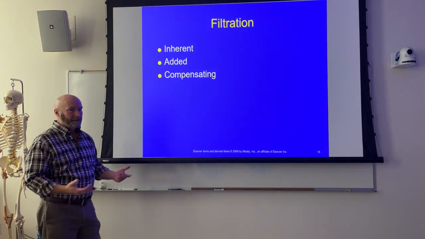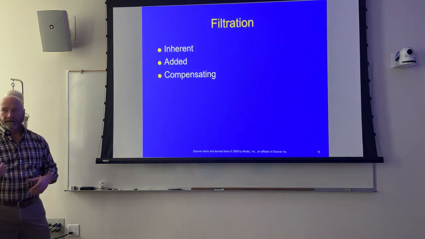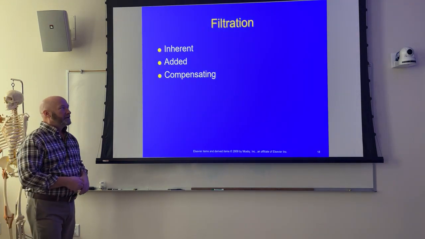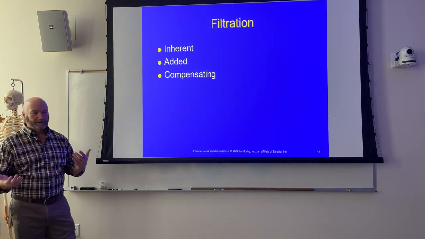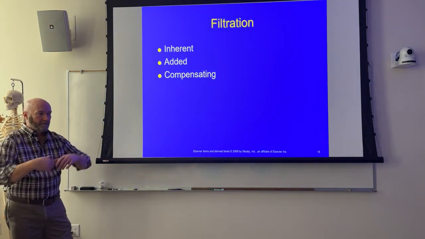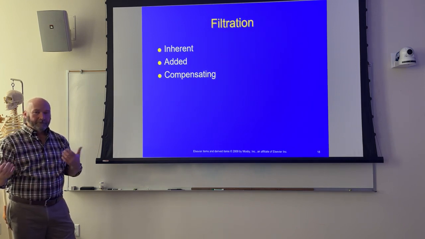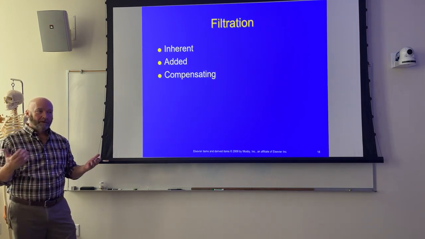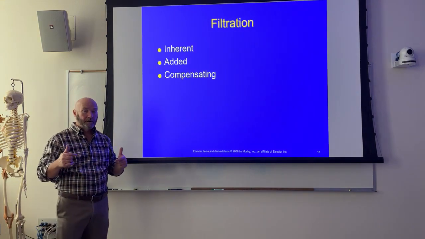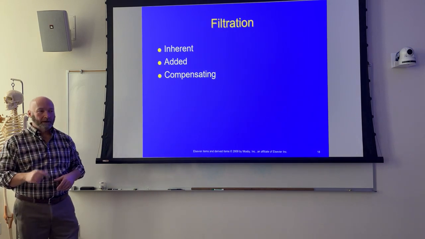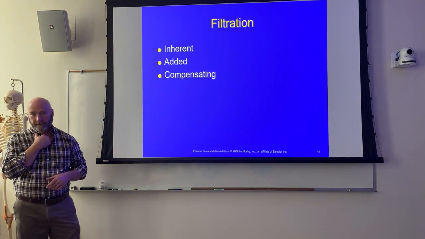Remember we've got basically two different types of filtration. We have inherent and added filtration. We've got compensating filters. So inherent filtration, different textbooks, I think I touched on this last semester, if not in the last section. But different textbooks may draw different lines on what constitutes inherent filtration. What we're going to call inherent filtration is what you have to legally have to make an x-ray and expose a patient with it, okay?